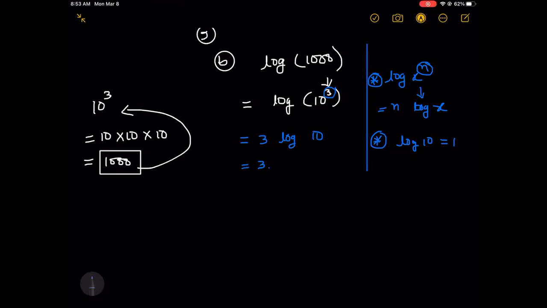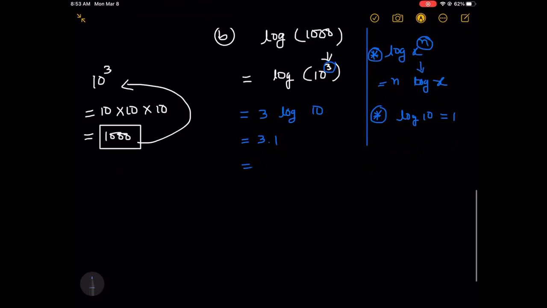So 3 times 1 equals 3. And you can actually check that on your calculator as well. If you plug in log, then 1000 equals, it will show 3 on your screen.